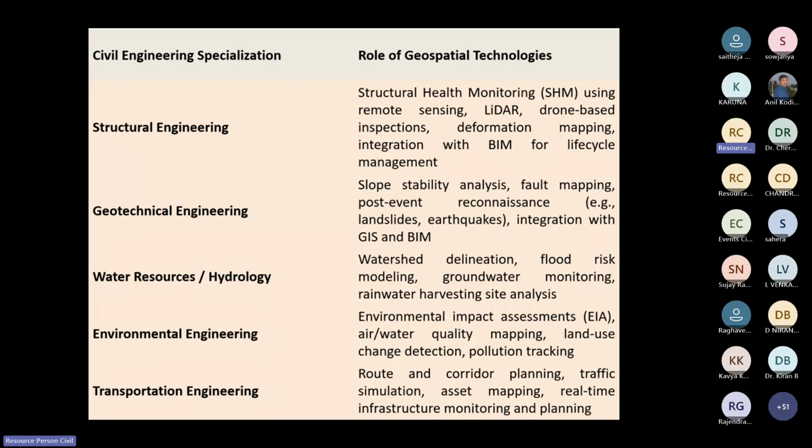Coming to environmental engineering, what is the water quality at different locations? Suppose you collect water samples at different locations in one district. You can analyze these samples and add that attribute information to each sample where you collected it geospatially.